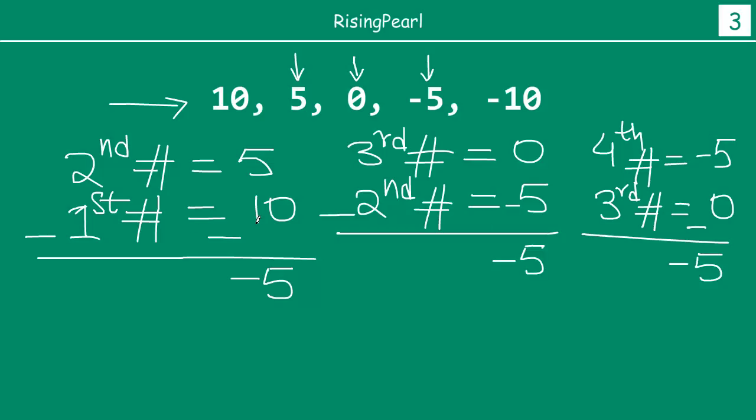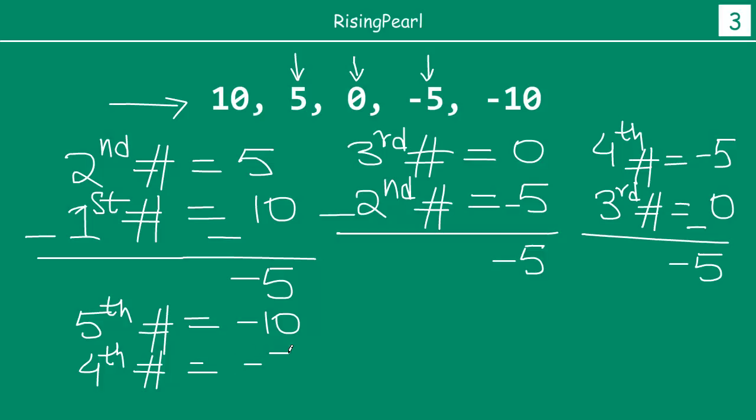And finally, let's take a look at our fifth number. Our fifth number is minus 10. If we subtract the fourth number from it, the fourth number is minus 5, so the minus becomes plus.